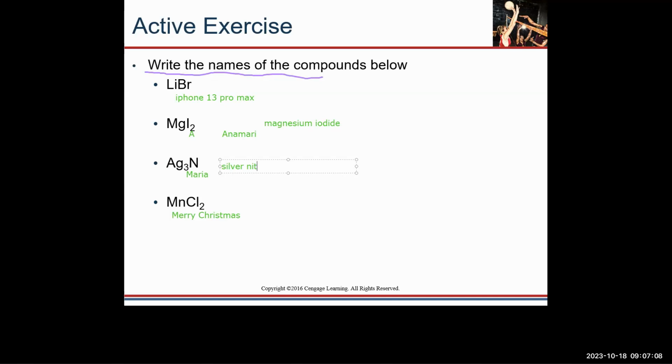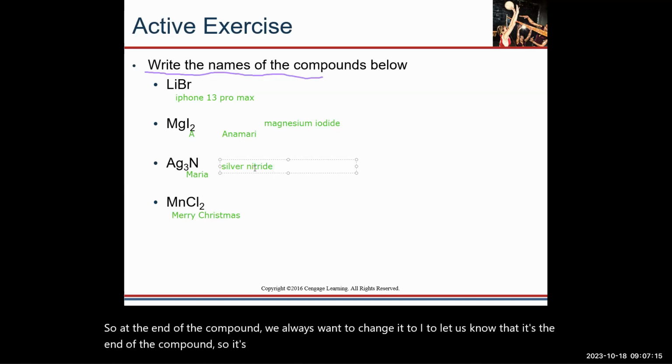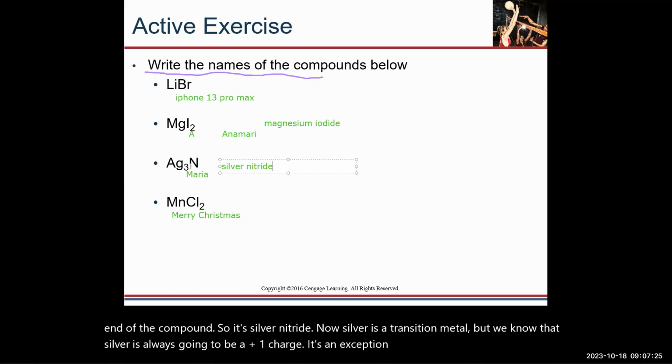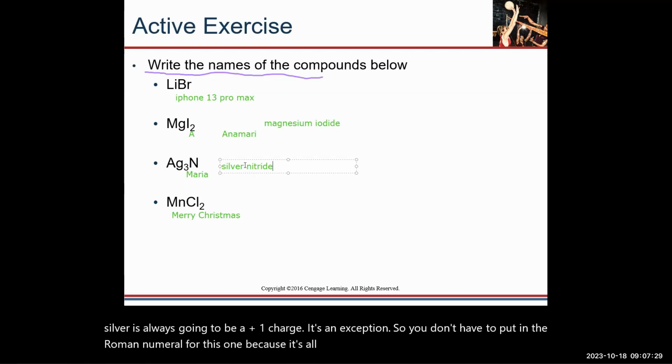So at the end of the compound, we always want to change it to "ide." It lets us know that it's the end of the compound. So it's silver nitride. Now, silver is a transition metal, but we know that silver is always going to be a +1 charge. It's an exception, so you don't have to put in the Roman numeral for this one because it's always going to be a +1.